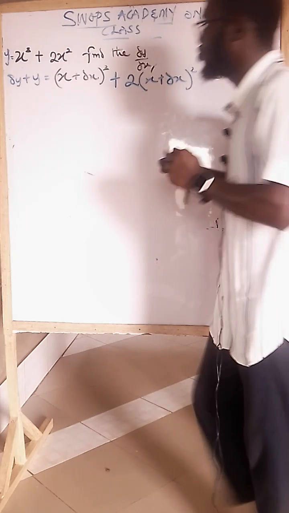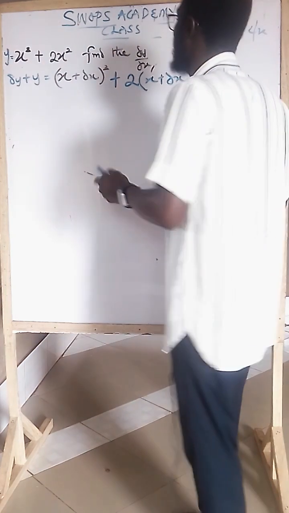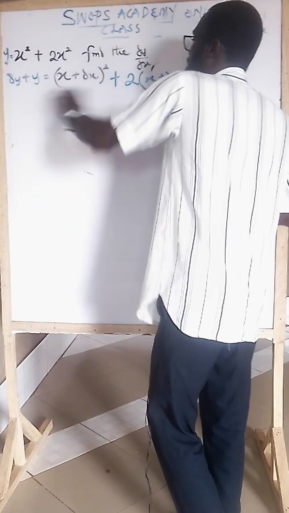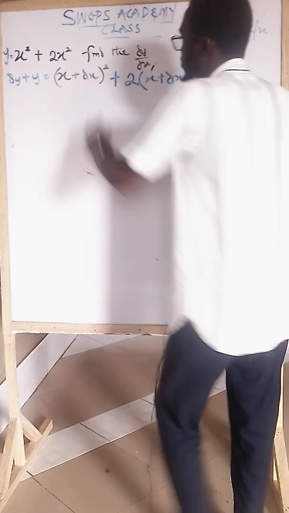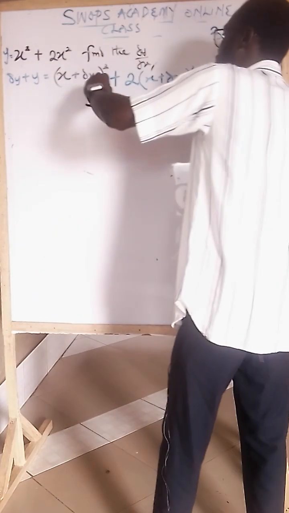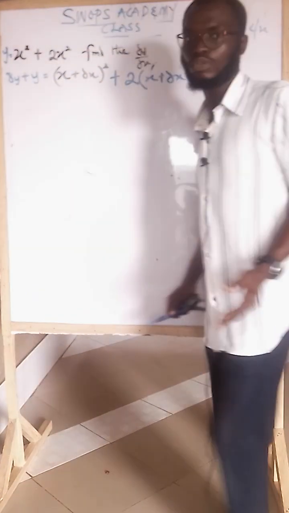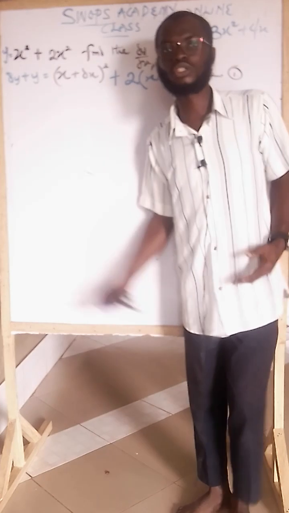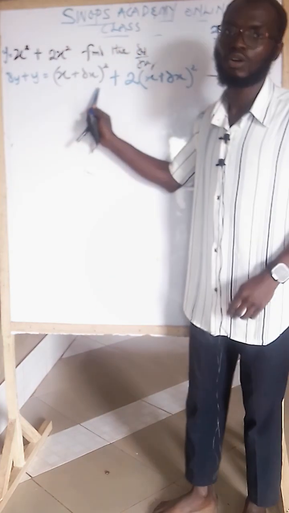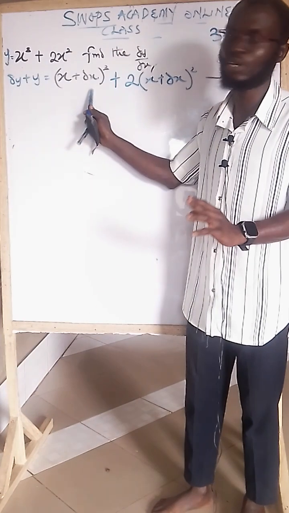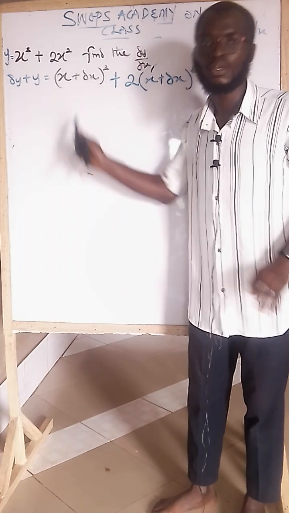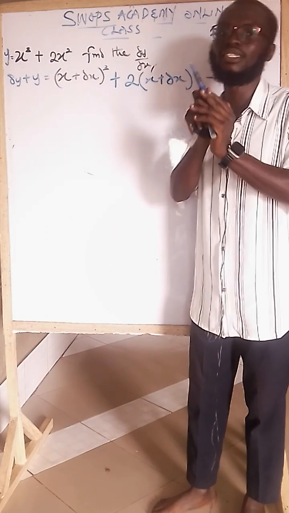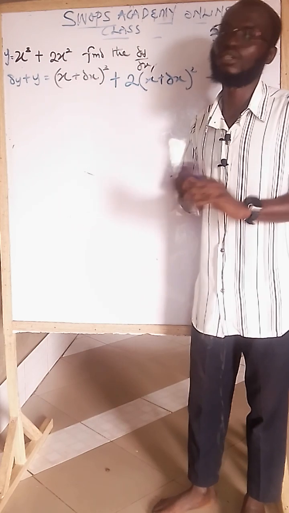Then the next thing to do here, I will together try and expand these brackets. You can expand these brackets in different ways. You can either use Pascal triangle under binomial theory, normal mathematics, to expand this, or you use factorization to expand this. Anyhow you do.